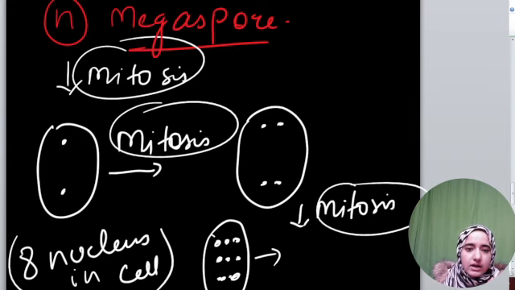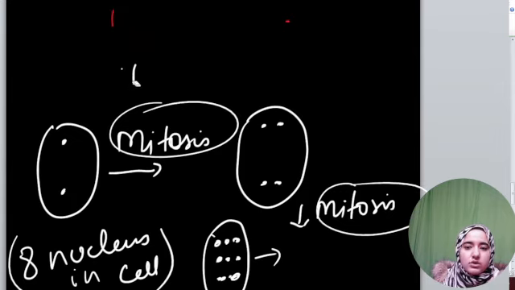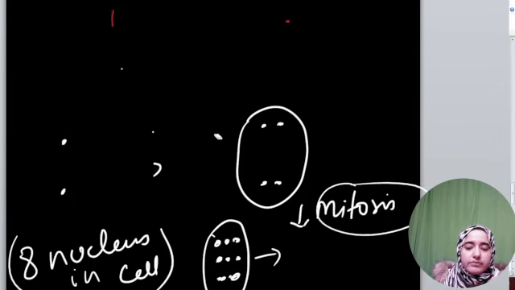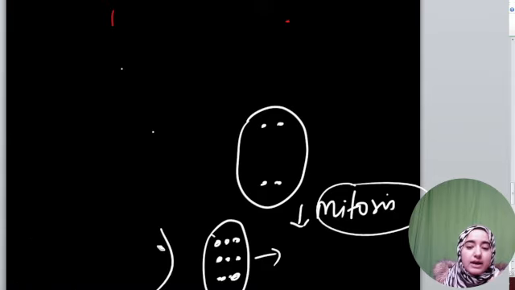Okay, I'm erasing it. So in order to form the female gamete, embryo sac. Embryo sac is the female gametophyte, right? In order to form the embryo sac, one meiosis and 3 mitosis took place. Okay, I'm going to write it down.